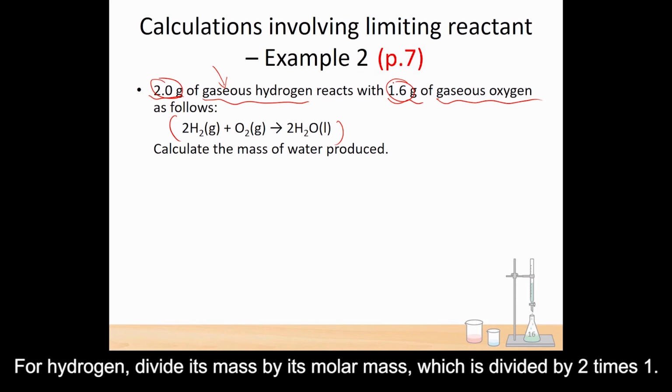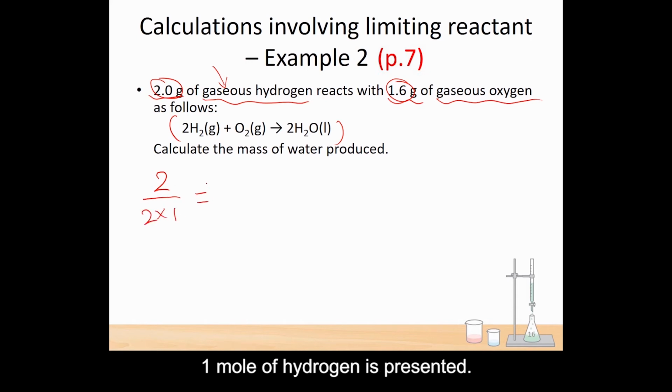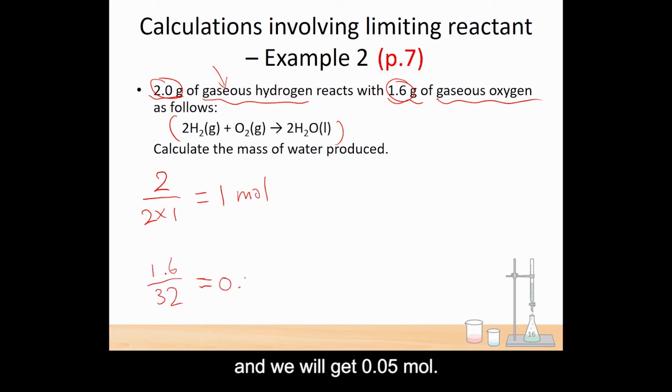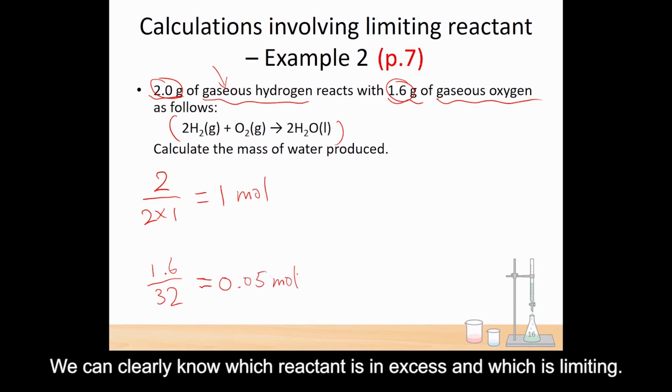For example, number of atoms. For hydrogen, divide its mass by its molar mass, which is 2 times 1. 1 mole of hydrogen is present. Similarly, for oxygen, divide 1.6 by 2 times 16, which is 32, and we will get 0.05 mole. We can clearly know which reactant is in excess and which is limiting.